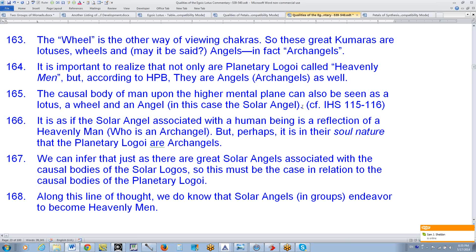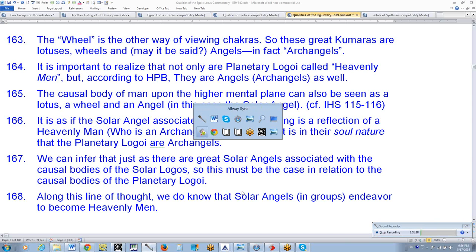The causal body of man upon the higher mental plane can also be seen as a lotus, a wheel, and an angel, right? In this case, the solar angel, and take a look at Initiation, Human and Solar there in 115 and 116. It is as if the solar angel associated with a human being is a reflection of a heavenly man who is an archangel, perhaps. But perhaps it is in their soul nature that the planetary logoi are considered to be archangels, because thus it is with that which is associated with man.